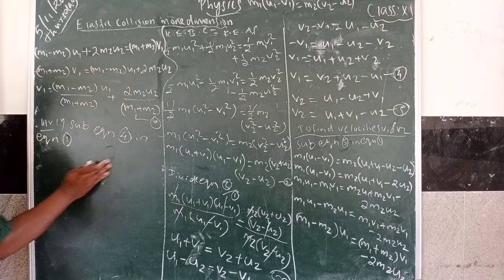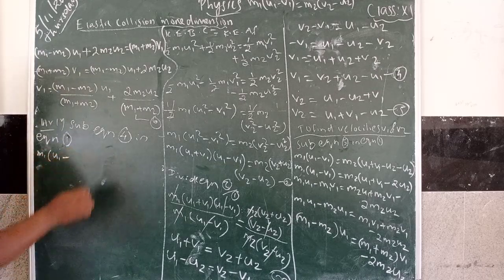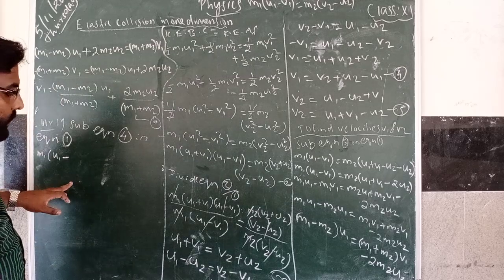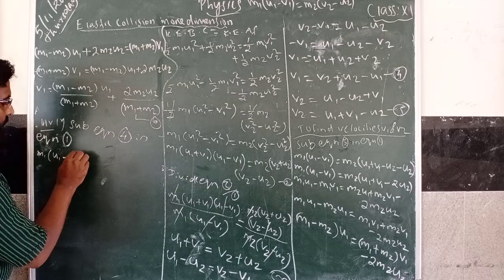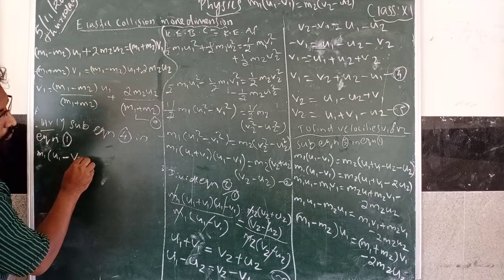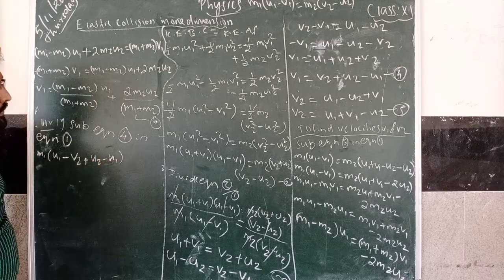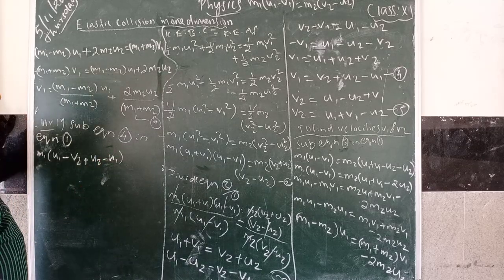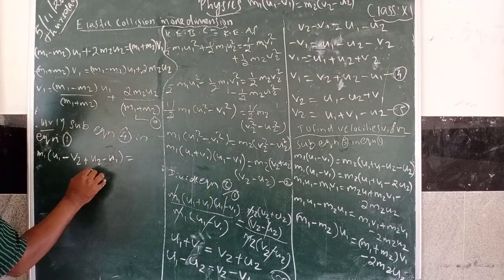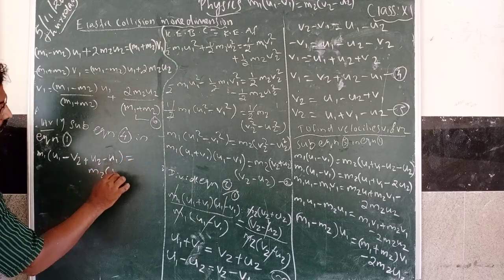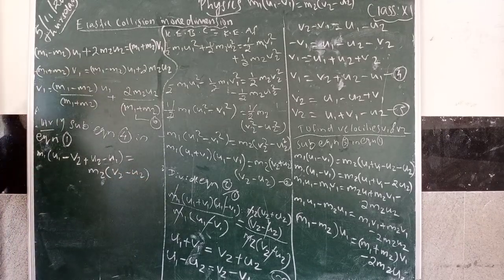So what we will get is m1 u1 minus, instead of v1 you have to substitute this value. So v2 plus u2 minus u1 equal to m2 v2 minus u2.